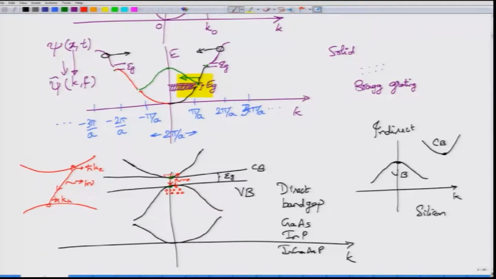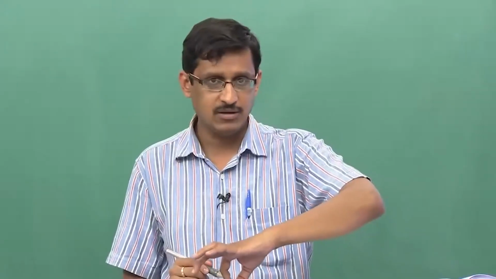When the initial state momentum is h bar k e and the final state momentum is h bar k h, there is a difference between these two momenta, and this difference, h bar delta k, has to go into the photon. And what is the maximum such difference that can happen? The maximum momentum change happens when delta k changes by 2 pi by a. So, that is the maximum transfer, or the change in the momentum, that can be possible.